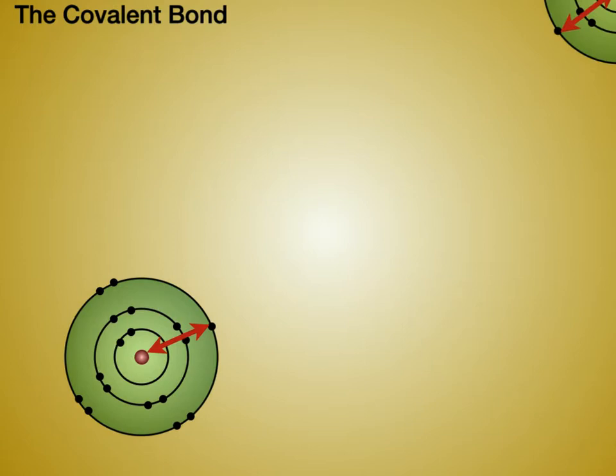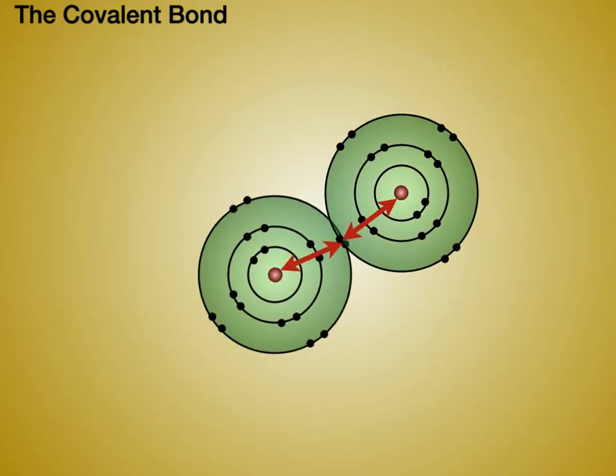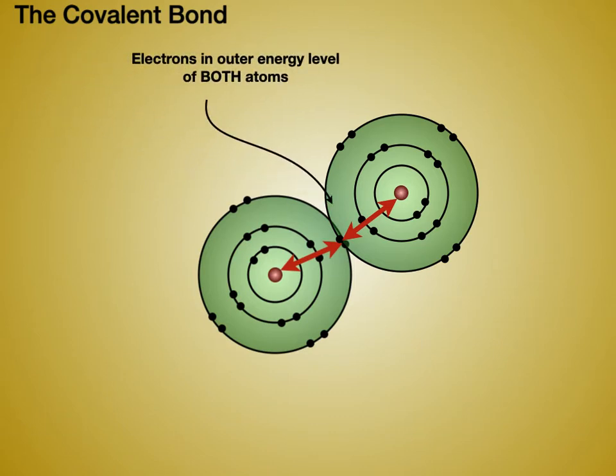Okay, now let's see what happens when 2 chlorine atoms bump into each other. Now, see those 2 electrons in the middle there? Those electrons are now, for that moment, in the outer energy level of both atoms. And both those electrons are going to be held strongly by those 2 nucleuses.